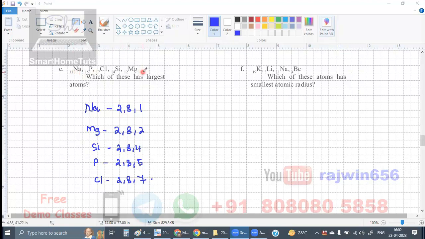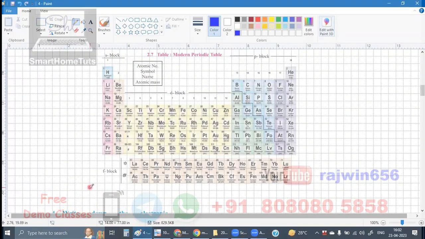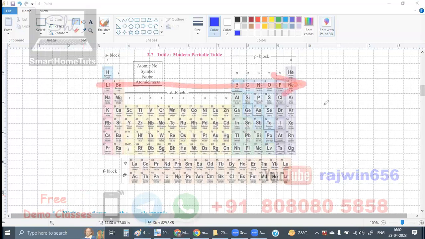Now the question asked is, which of these is the largest atom? We have just done this yesterday only. Across the period, as you are going, what is happening to the size of the atom? What happens to the size of the atom if we go left to right?